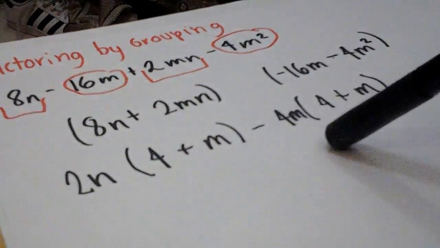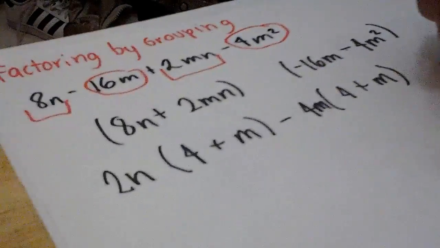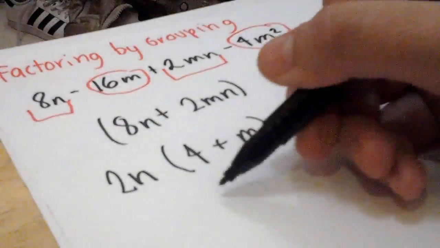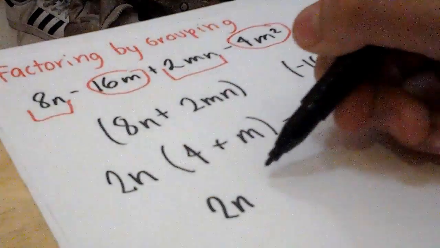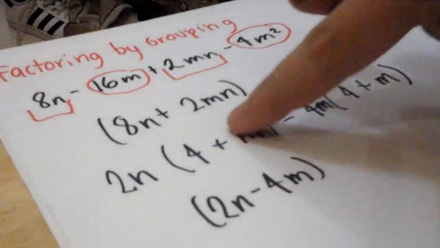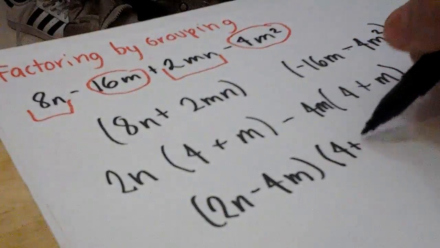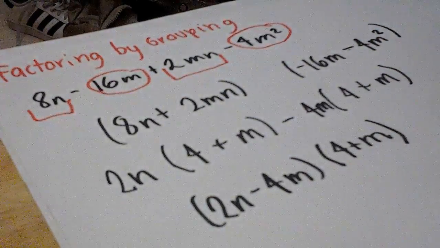Here it is negative 4m and you write the problem. At last you have the two parentheses the same, and you just write the two common factors together, 2n minus 4m times the parentheses, 4 plus m. And that's how you factor by grouping.